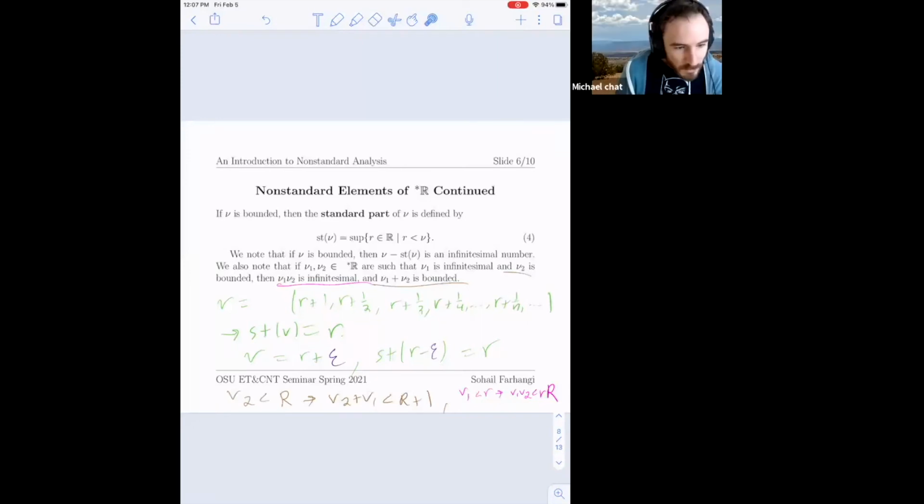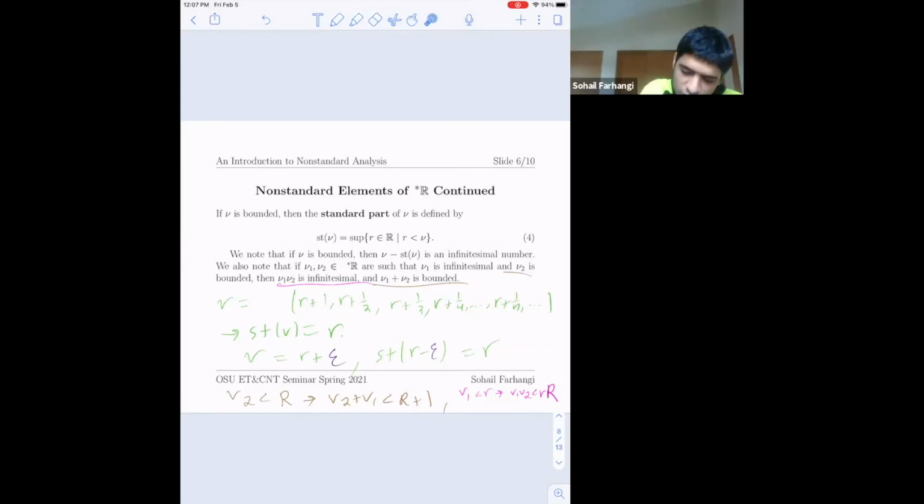Is it also true that the standard part of V1 plus V2 is the same as the standard part of V2? Yes. Cool, that was a good observation.